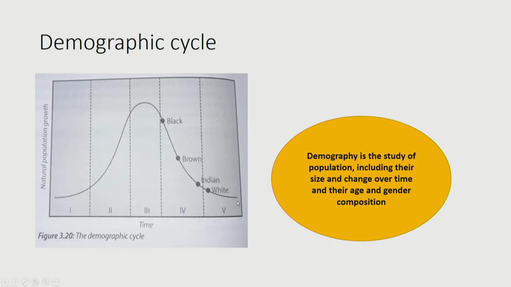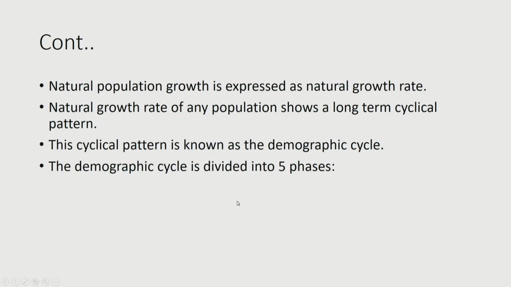That is what we mean by a long-term cyclical pattern. This cyclical pattern is known as the demographic cycle, and it is divided into 5 phases. Remember, you need to know what happens under each phase of this cycle.